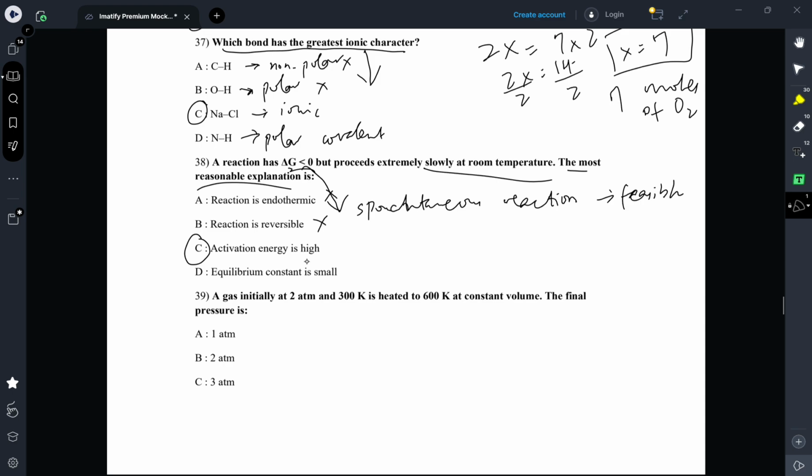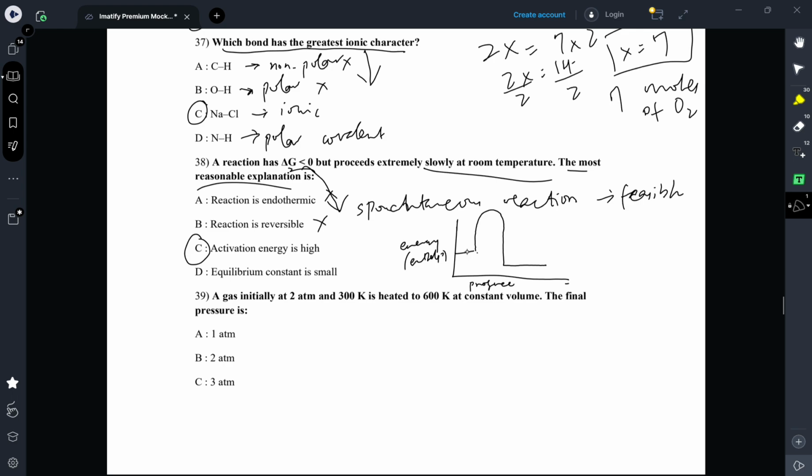Okay, whenever you have high, so if I draw an energy profile diagram here, for example, this is the energy profile diagram. Okay, so this is the progress, and this is the energy value or enthalpy change. So here, what type of reaction is this?